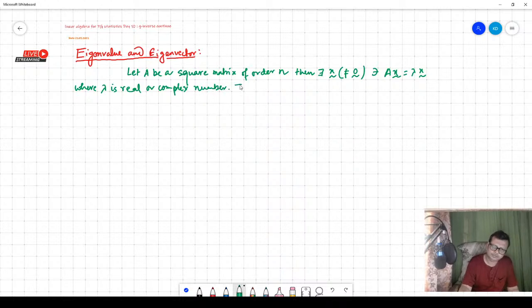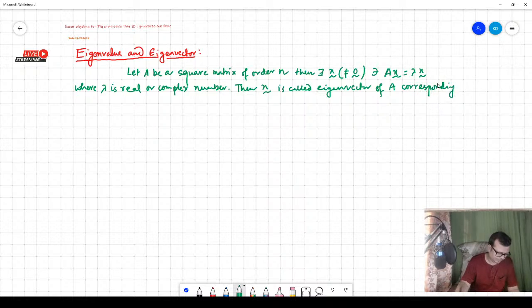then x is called an eigenvector of matrix A corresponding to eigenvalue lambda.